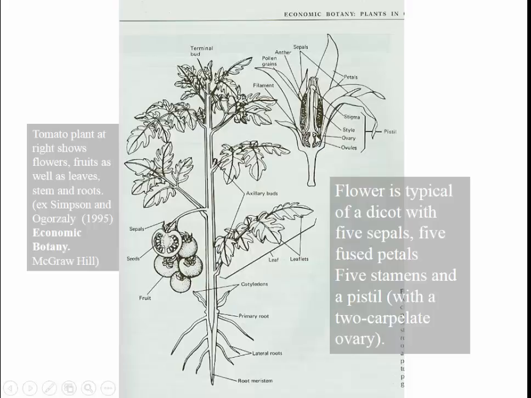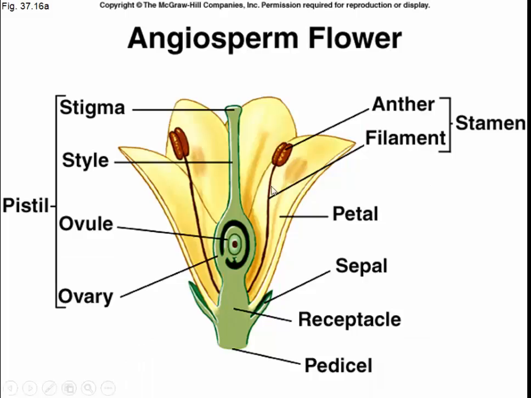The mature ovary will produce the fruit. The ovule, which contains the embryonic plant after fertilization, will produce the seed.